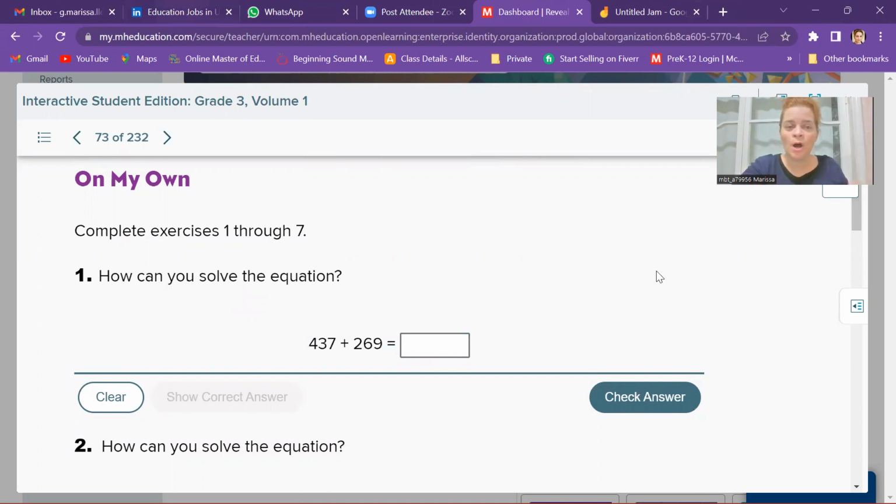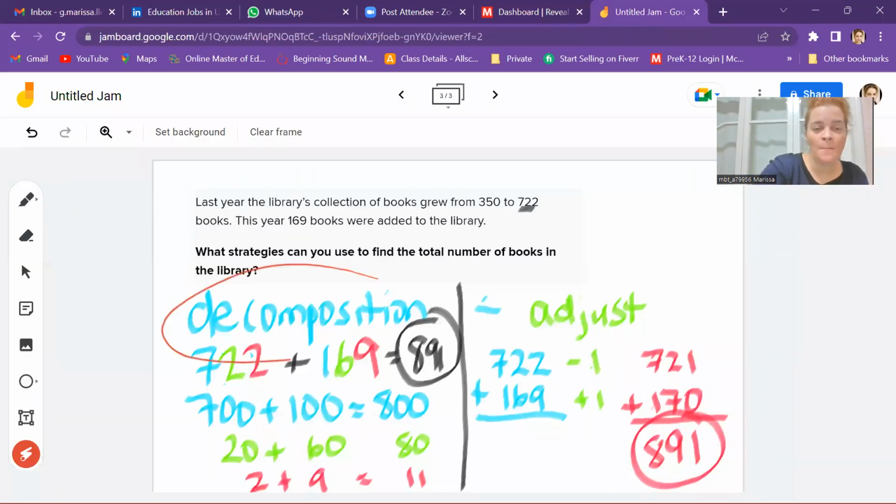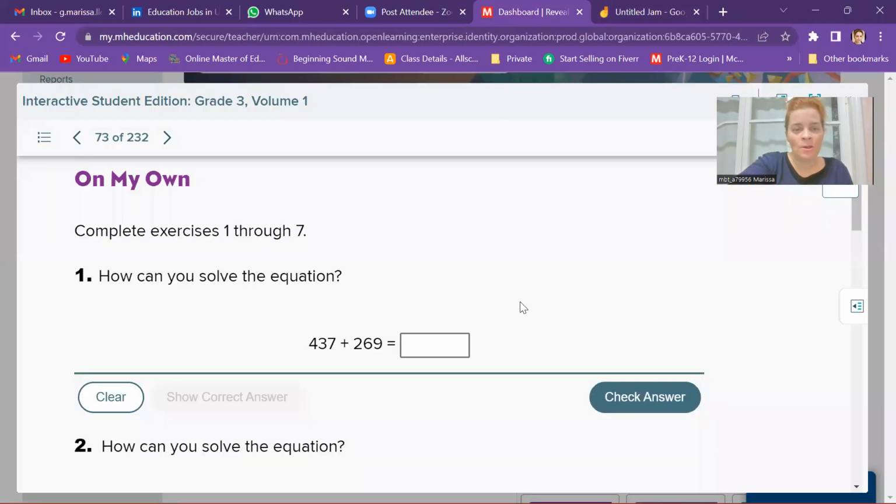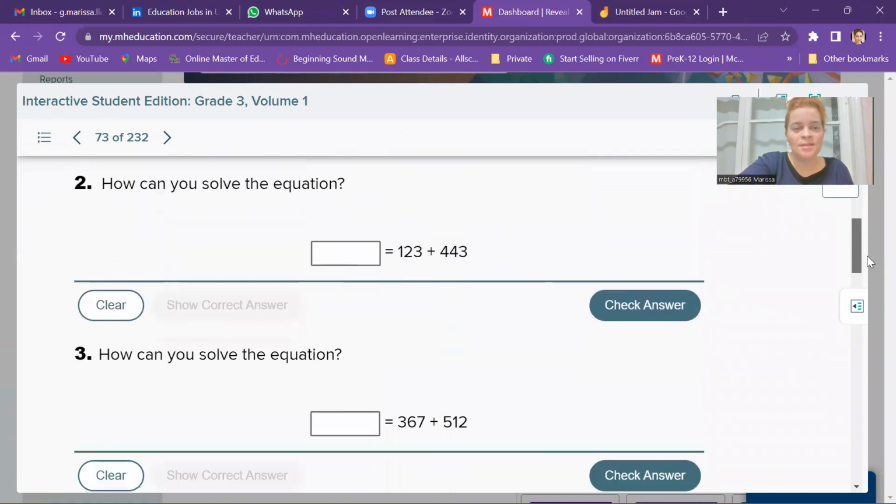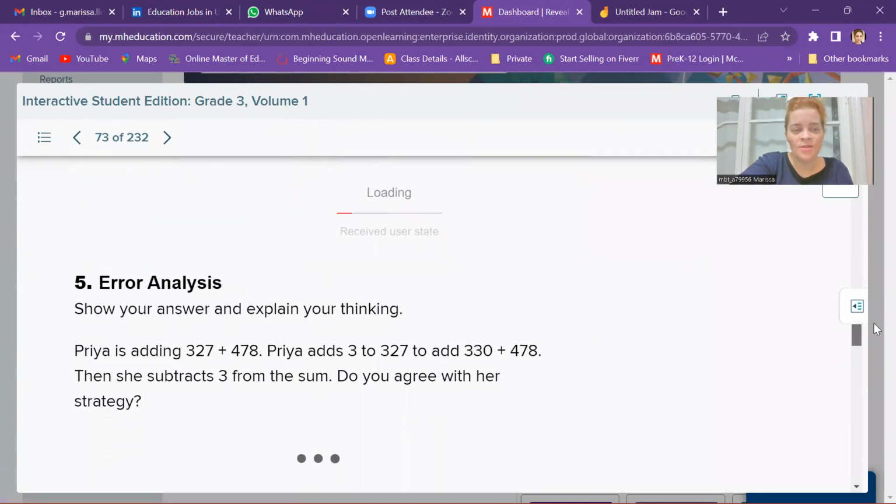When you do your own work, you have to do it one of two different ways. Okay, you either have to do it by decomposition or you have to do it by adjusting. You can choose. You don't have to do both unless you want to, but you must at least do it one way.